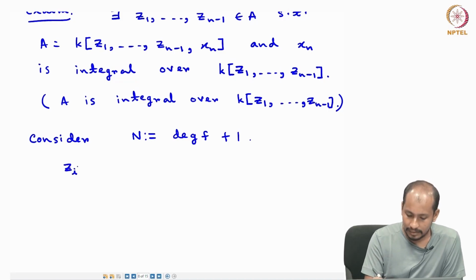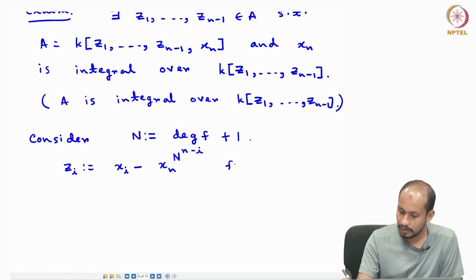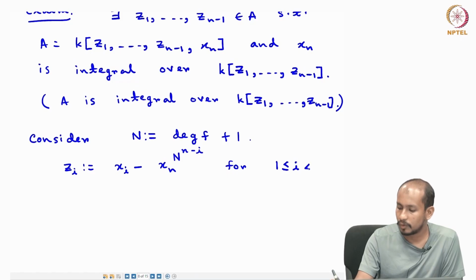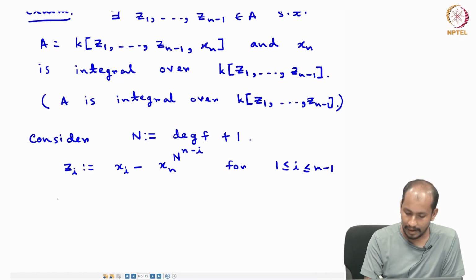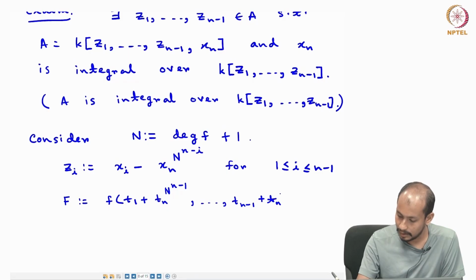And we define zi to be xi minus xn to the power N to the power n minus i for each i from 1 to n minus 1, and we define a polynomial F which is small f of t1 plus tn to the power N to the power n minus 1, up to tn minus 1 plus tn to the power N, comma tn.